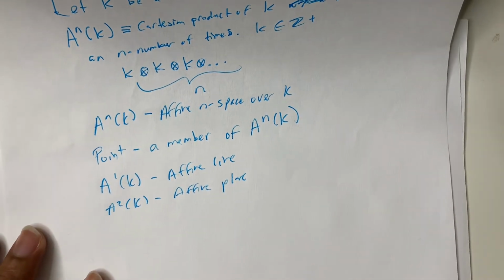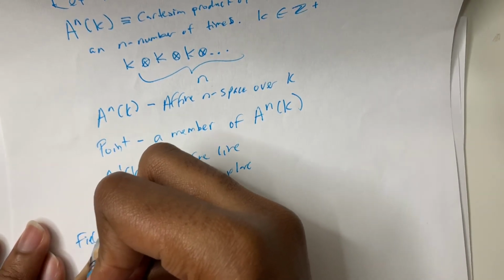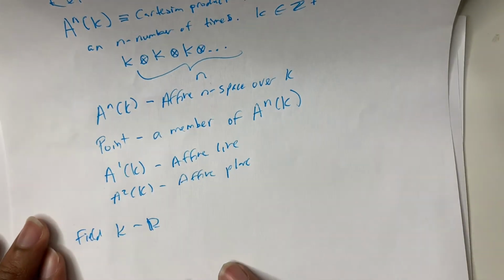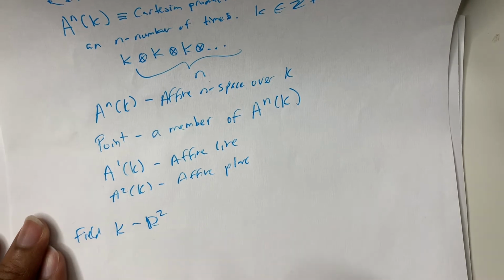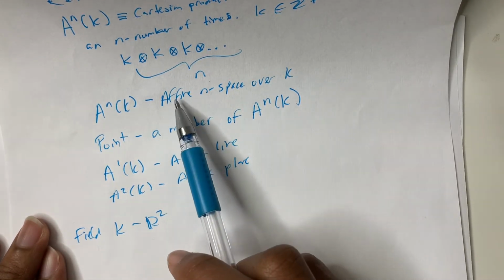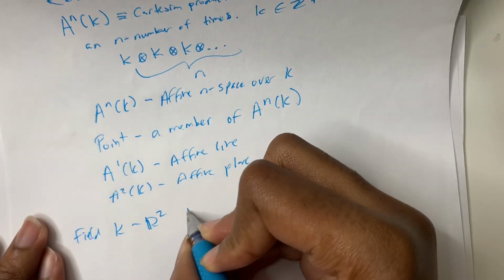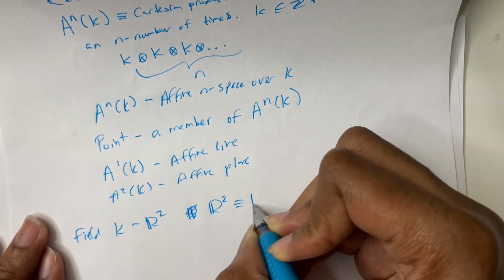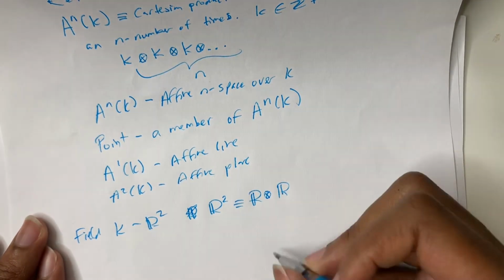Let's give an example of a field: the real numbers. Let's just choose R^2 for fun. R^2 is an example of an affine n-space over K, since R^2 is defined as the Cartesian product of R with itself 2 times.